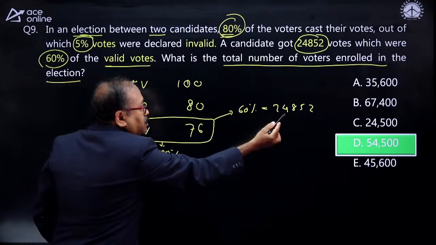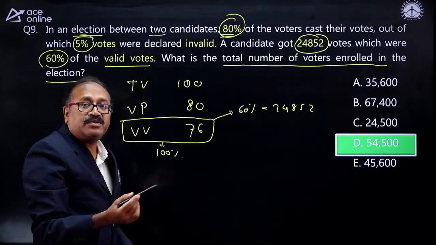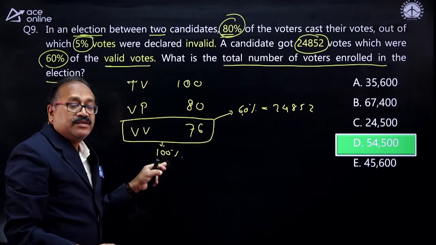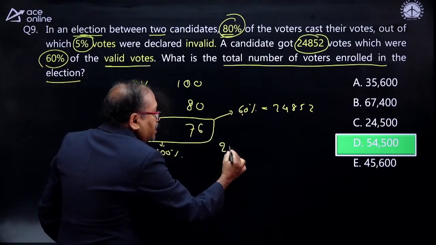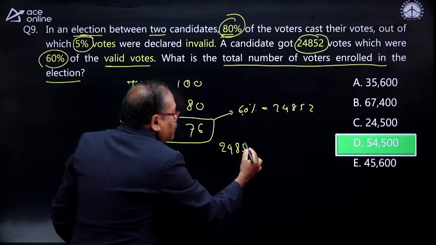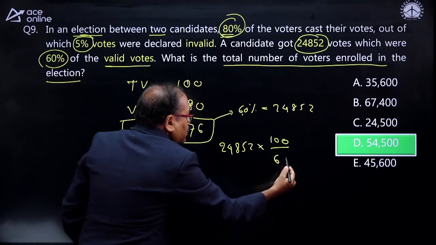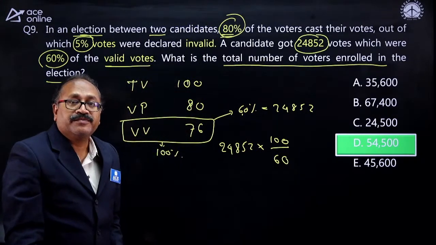The valid vote is 100% when compared to this 60%. So it comes this way: 24,852 into 100, divided by 60, I am getting the valid vote.